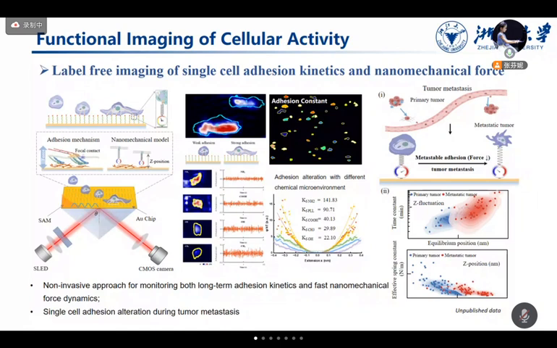With this method, what we observe is that for the primary tumor cells, sometimes they attach to the surface more closely and faster. But for the metastatic tumor cells, it's very hard for them to attach to the surface, and also it's very loose. I didn't show the videos here, but you can imagine it's like away from the surface and moving a lot.